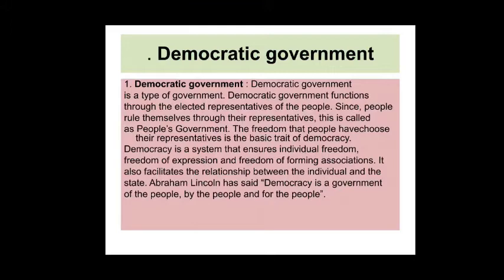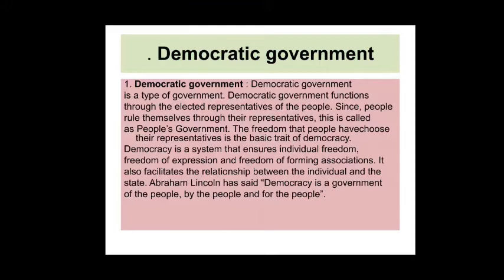Since the people rule themselves through their representatives, it is called the people's government. People only select our representatives in democratic government. The freedom the people have to choose their representatives is the basic trait of democracy.